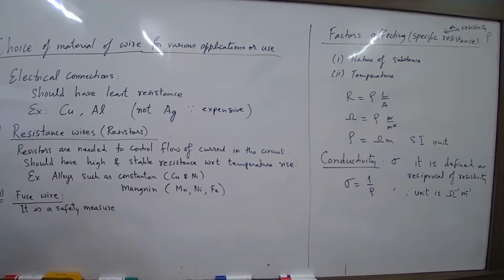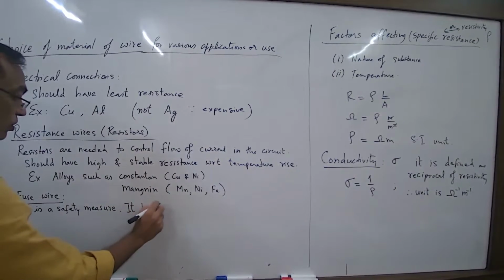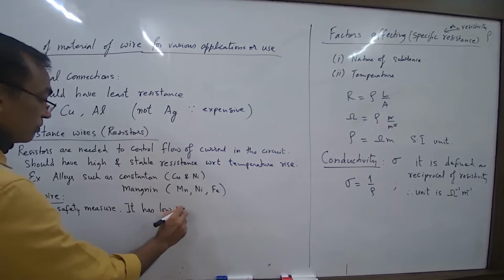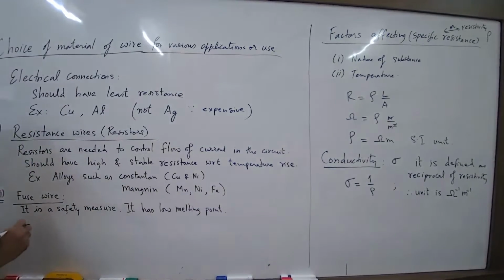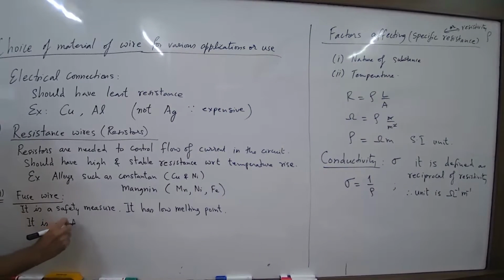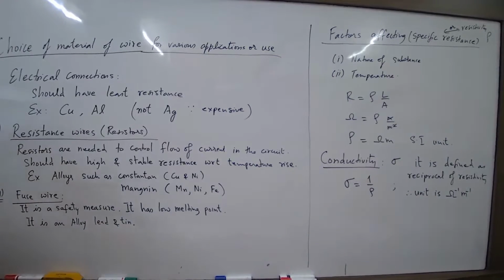So we cannot allow more than the required current to flow through the wires, right? So fuse wire has a low melting point. It will melt, so it will break the circuit and stop the current. What is it made up of? It is an alloy, a mixture of lead and tin. Okay, that is a fuse wire.